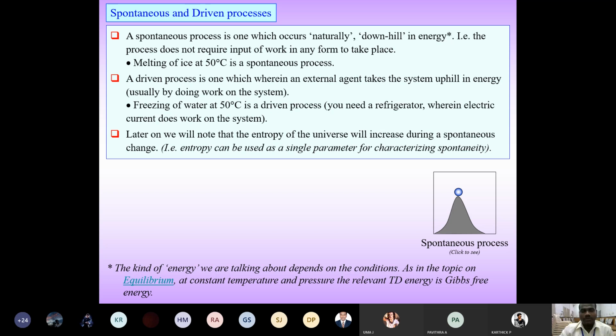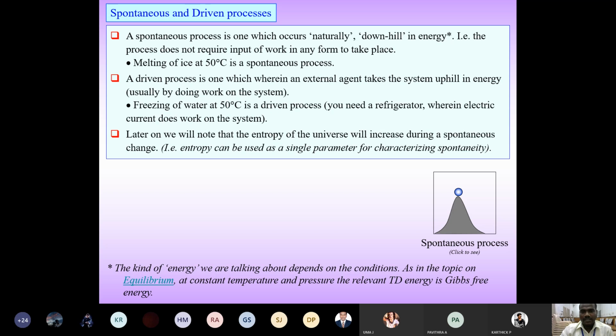A spontaneous process is one which occurs naturally. Spontaneous is a natural process. An example is downhill; downhill in energy is an example of a spontaneous process.